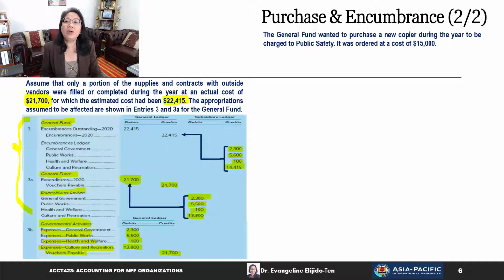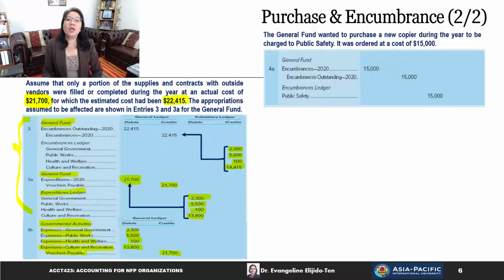Now the general fund wanted to purchase a new copier during the year to be charged to public safety. So it was ordered at a cost of $15,000. So what happens here? We now have a contract to purchase a new copier. In the general fund, we will be recording an encumbrance, because we've entered into a contract.